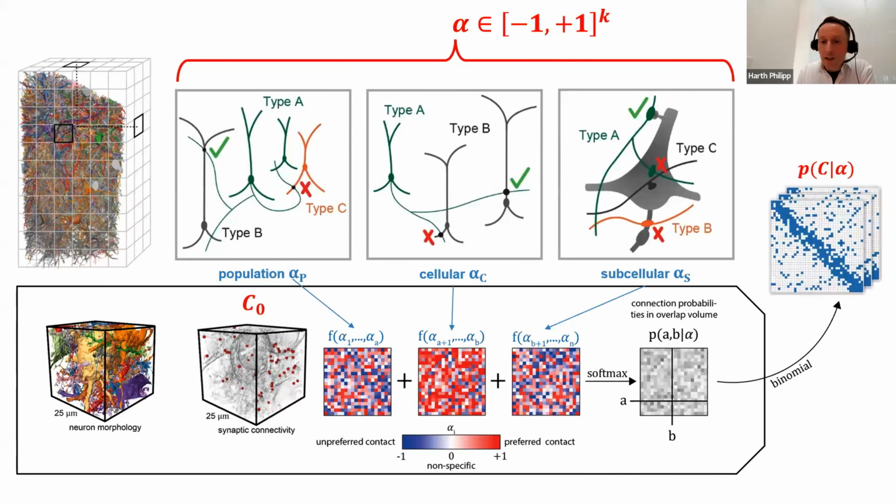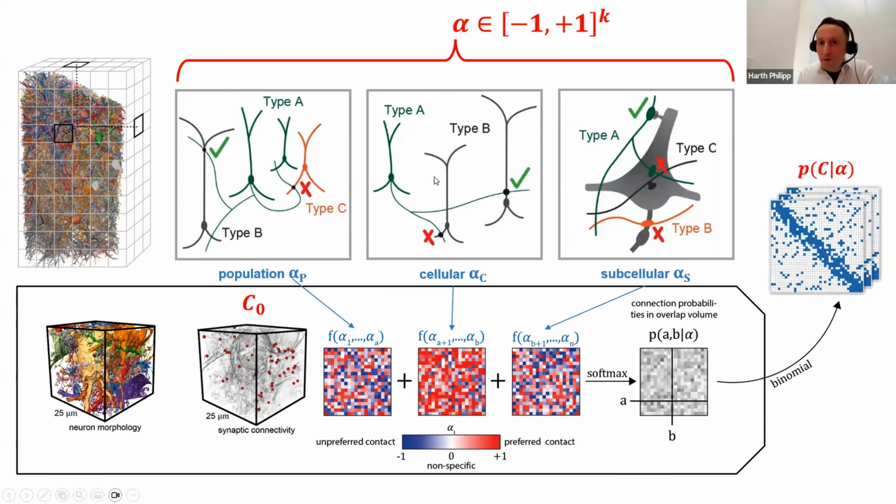But let's first take a look at the synapse formation strategies that we are currently modeling. These boxes here on the top show 3 categories of synapse formation strategies. The first category, the alpha P category, simulates wiring preferences between different populations of neurons, for example, excitatory neurons and inhibitory neurons, but it could also be layer-specific wiring preferences, for example, layer 4 neurons to layer 5 neurons.